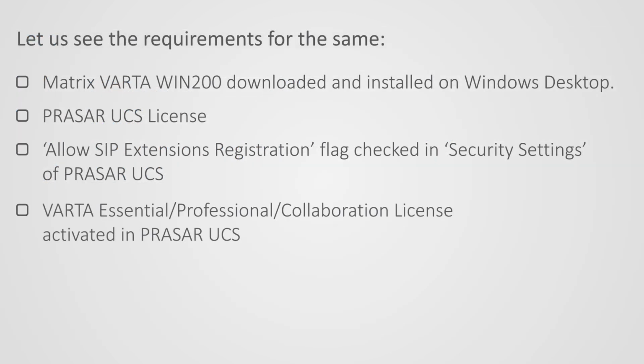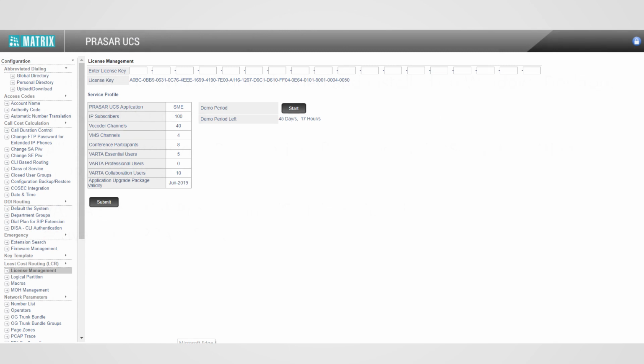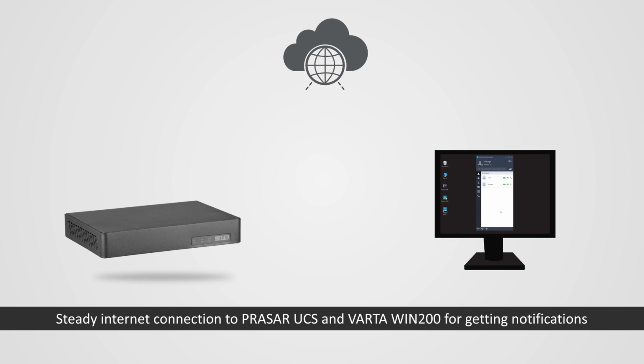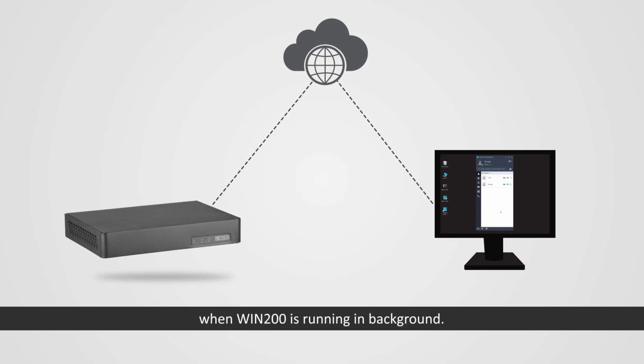VARTA Essential, Professional or Collaboration license activated in PRASAR UCS. Steady internet connection to PRASAR UCS and VARTA WIN200 for getting notifications when Win200 is running in background.